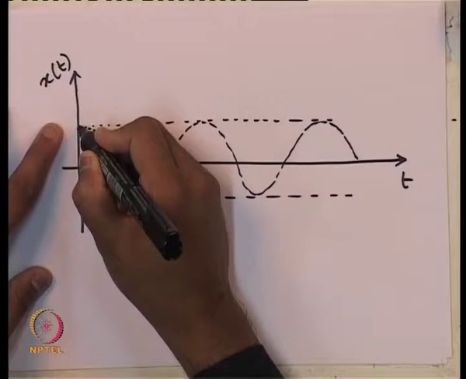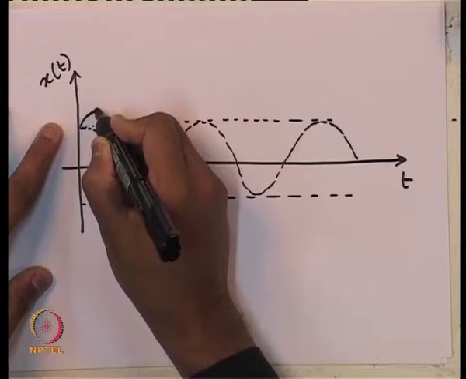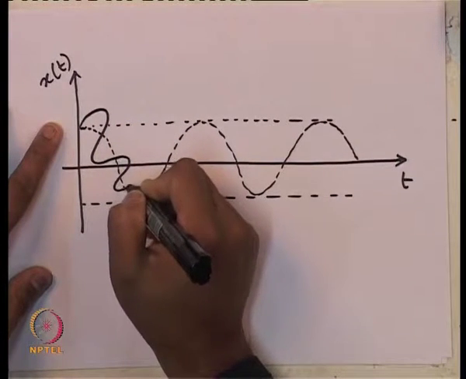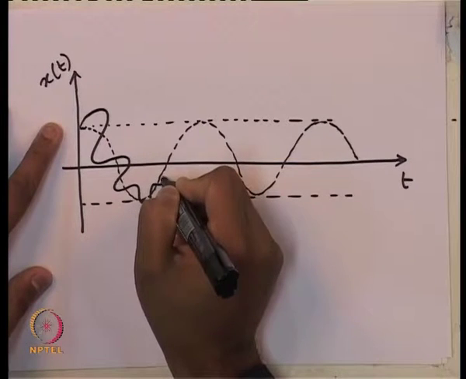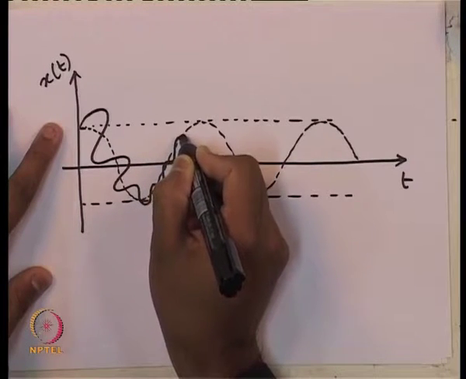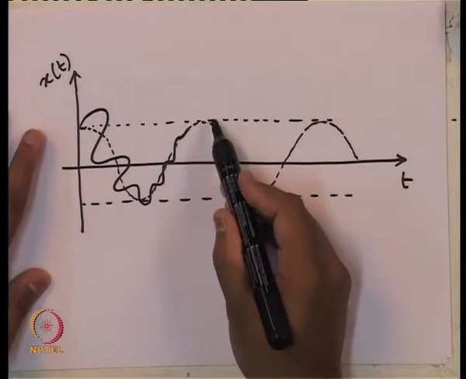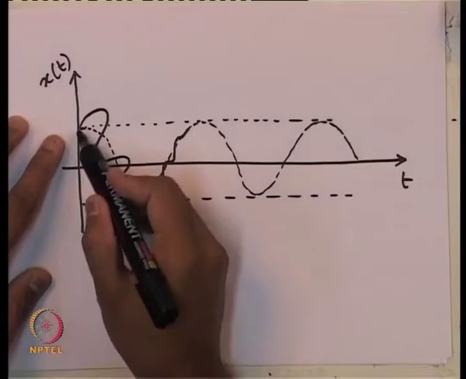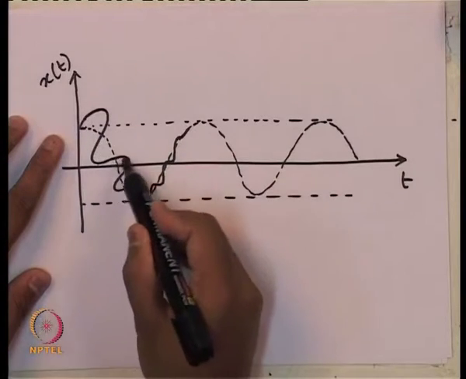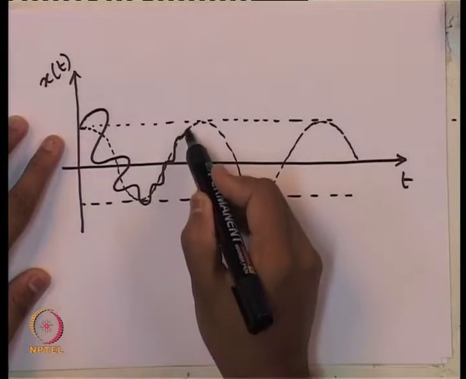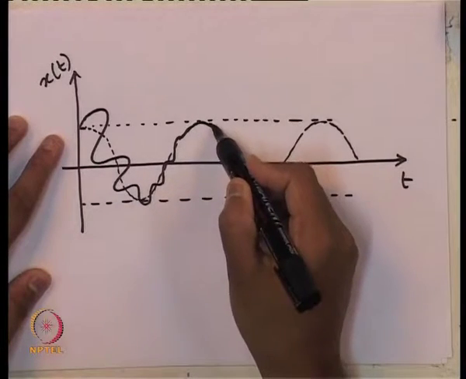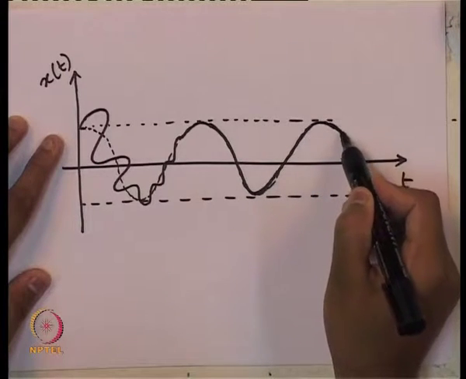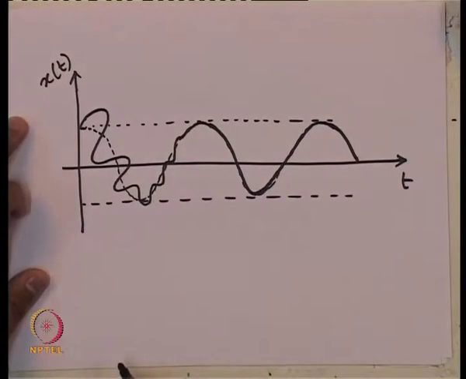So, let me draw it now. We will have some functions like this, and then it will die down after a certain time. So, the total response becomes this solid line, and beyond it, it vibrates periodically or harmonically following this step.